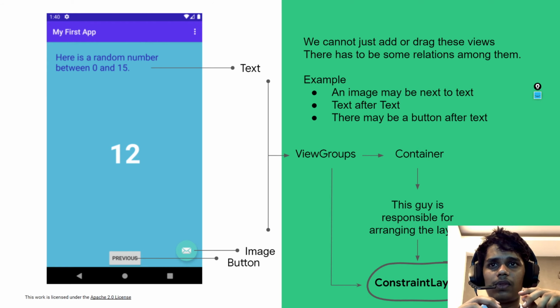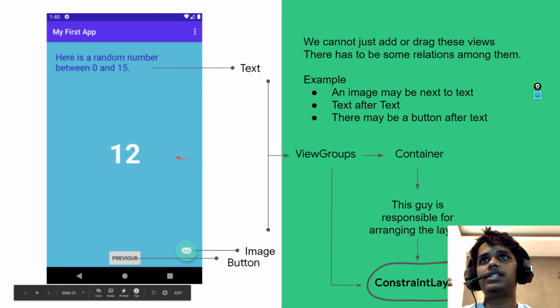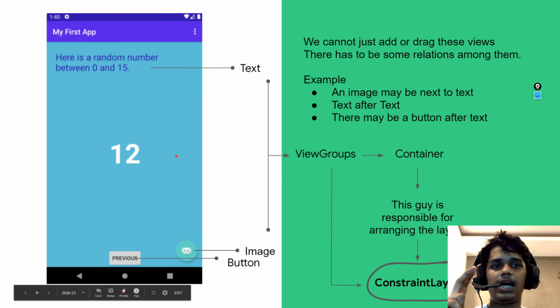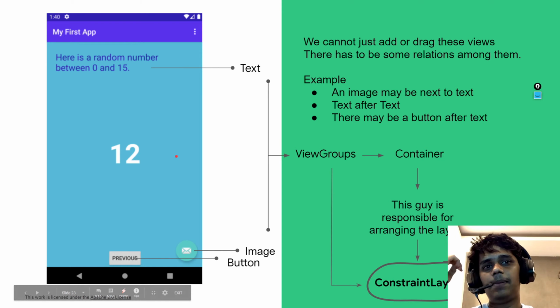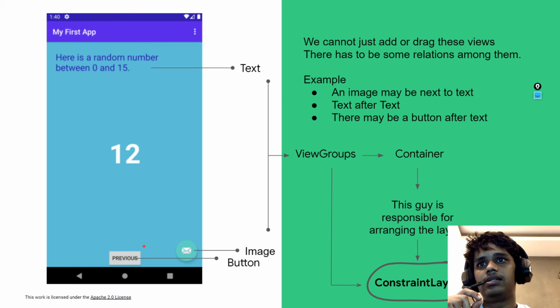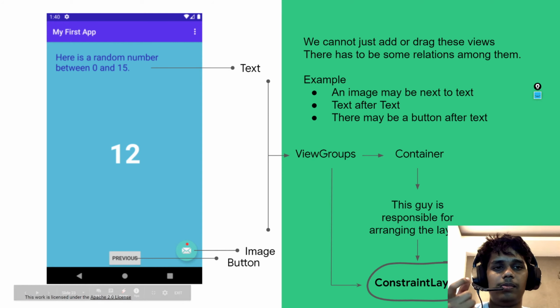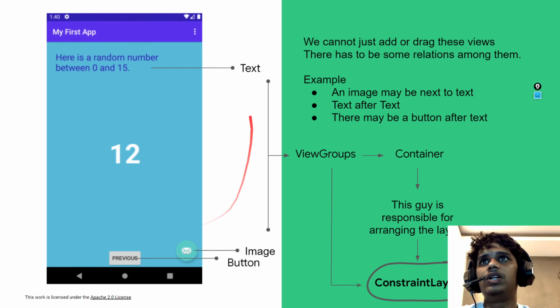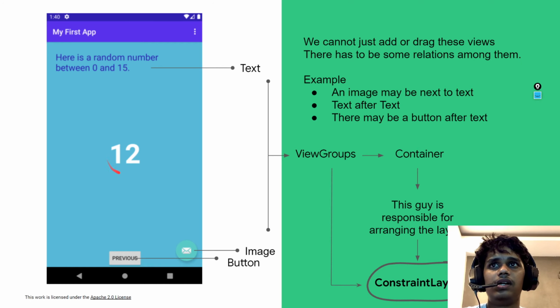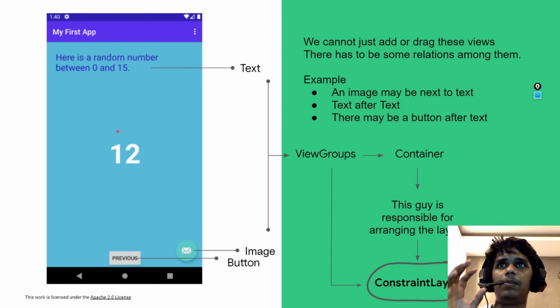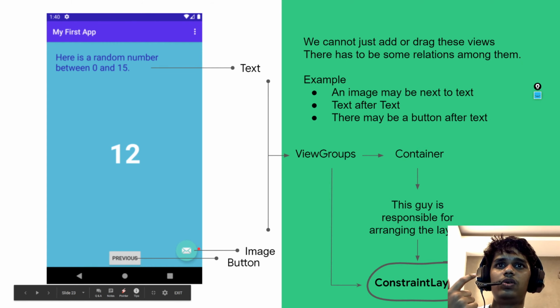On the left side, you can see a basic app. In this app you have, let us say, a button, an image of a small message box, a text here, and a text in the middle too. So this is a basic app. You have a text, you have a button here, and you also have an image.